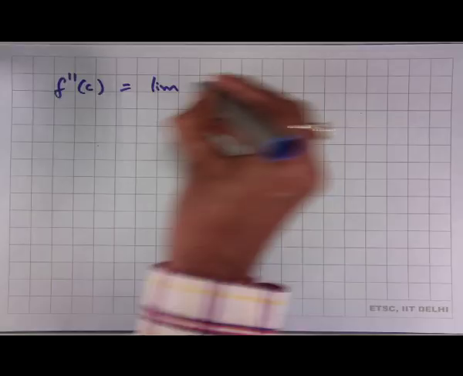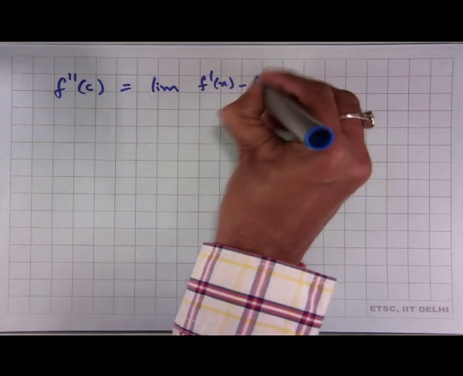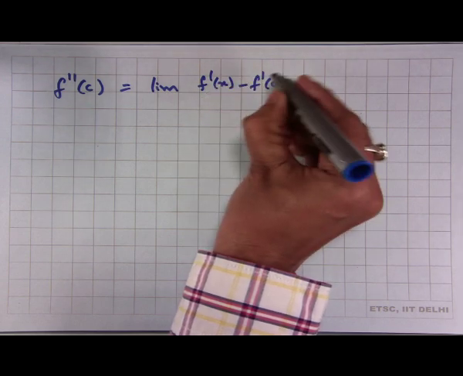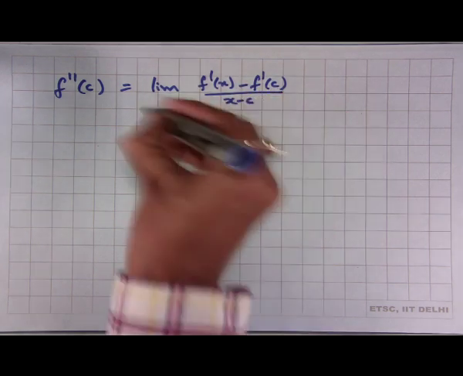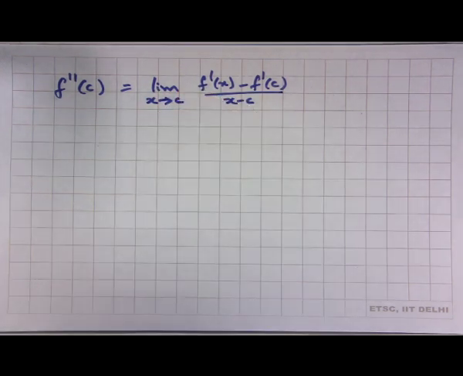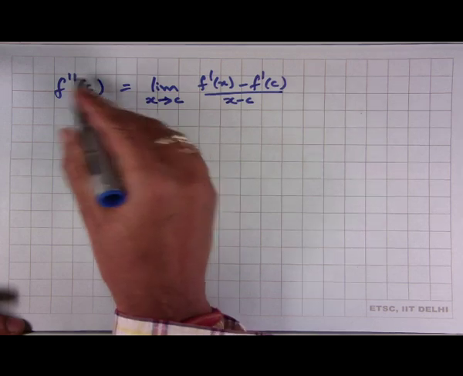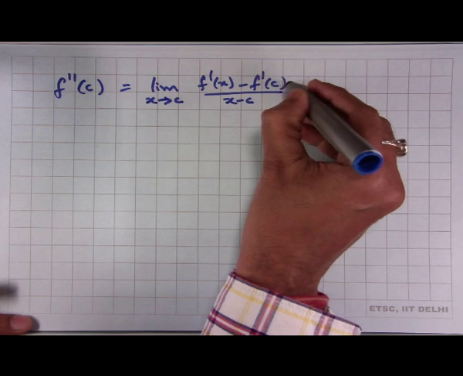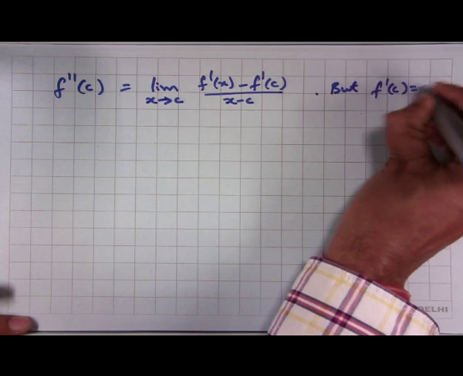So, this is the limit of (f prime x minus f prime c) divided by (x minus c) as x approaches c. And this is the definition of the second derivative at c. Now, what we know is that f prime c is equal to 0.